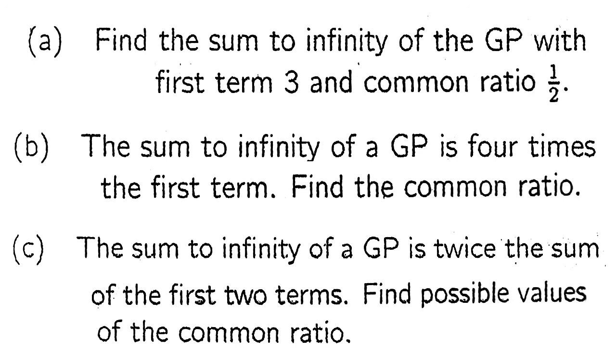Number 2, the sum to infinity of a geometric progression is 4 times the first term. Then find the common ratio. Then the last, the sum to infinity of a geometric progression is twice the sum of the first 2 terms. Find the positive values of the common ratio.